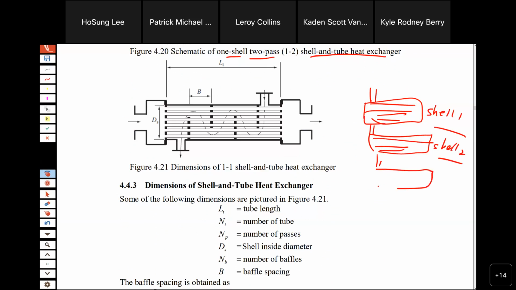Even shell three. So one shell, one pass. One shell, two pass. Two shell, one pass. Something like that. We can indicate the type.